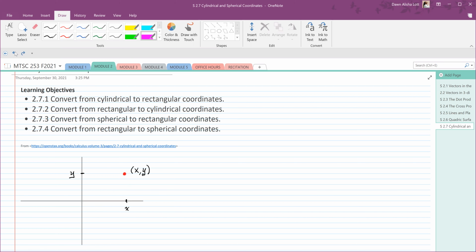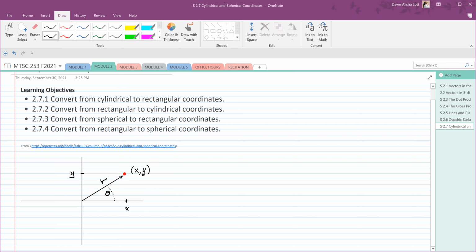But there's another way to get there, and that is to swing out a certain angle and then draw a ray from the origin to the point. And when I do that, this angle becomes theta, and the length of this ray is r.